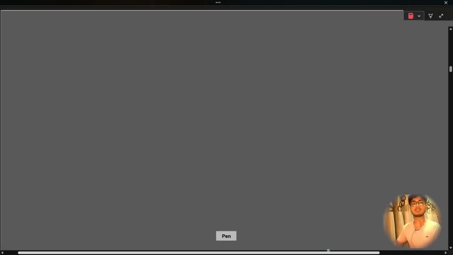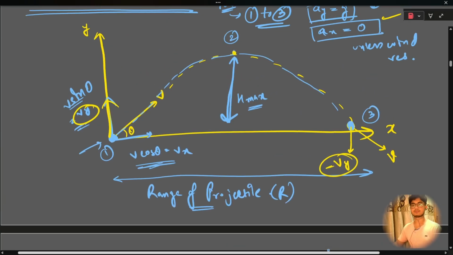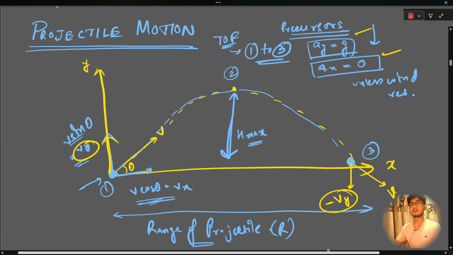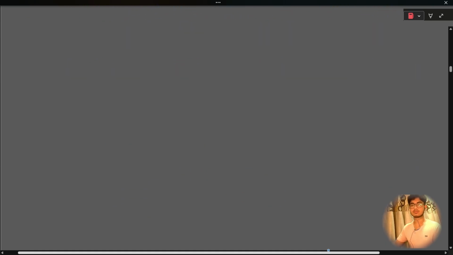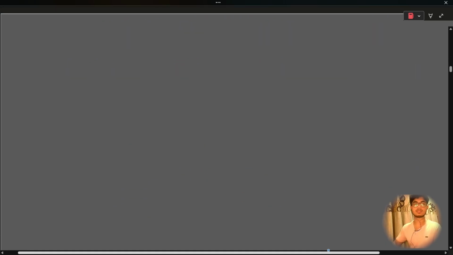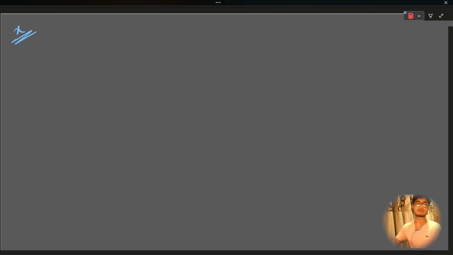On the previous precursors that we talked about, the acceleration in the y direction was g, and the horizontal acceleration is 0. So there are some inferences we can take from this. Suppose we talk about the x-axis. When we're looking at the x-axis, ax equals 0.